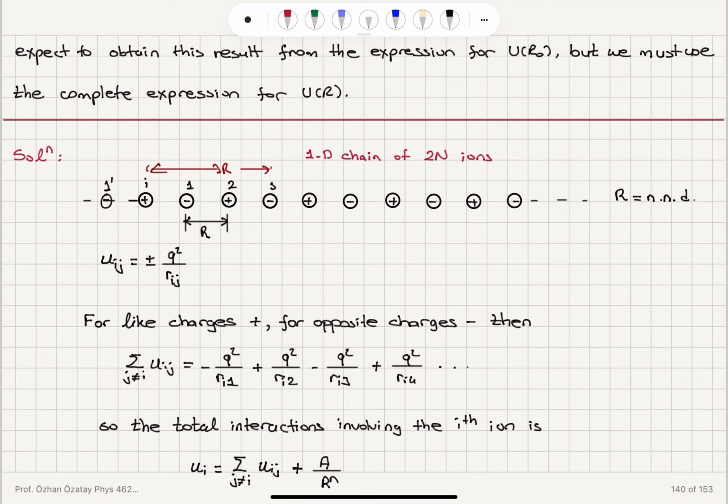It consists of plus minus q squared over Rij, which has terms as minus q squared over Ri1 plus q squared over Ri2, etc. It's minus for attractive, plus for repulsive terms. And the total interaction is the sum over j of this pair potential plus the repulsive term, capital A divided by R to the power n, the Pauli exclusion term.